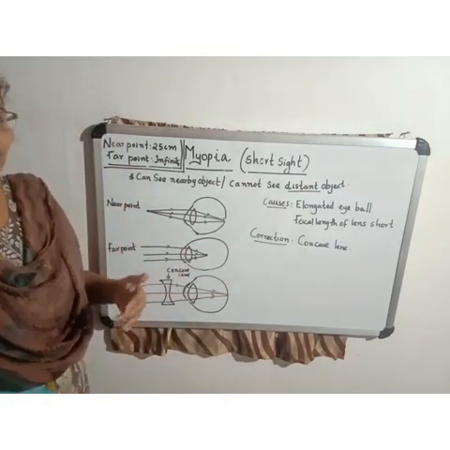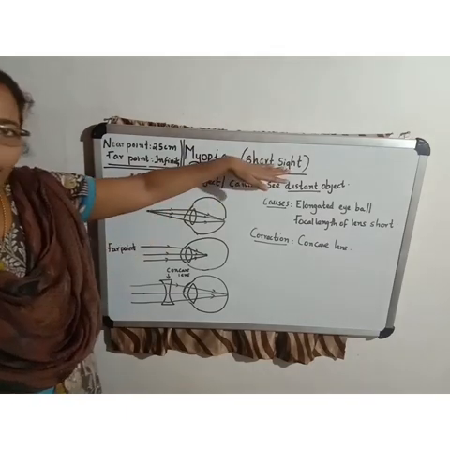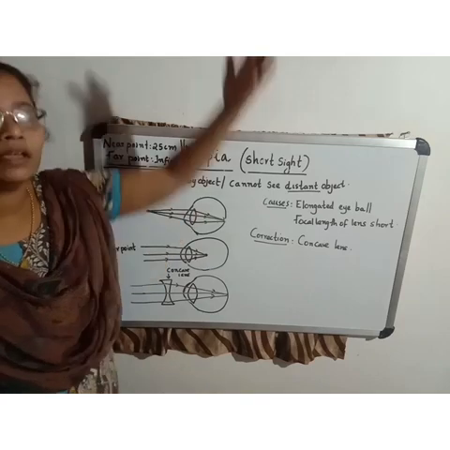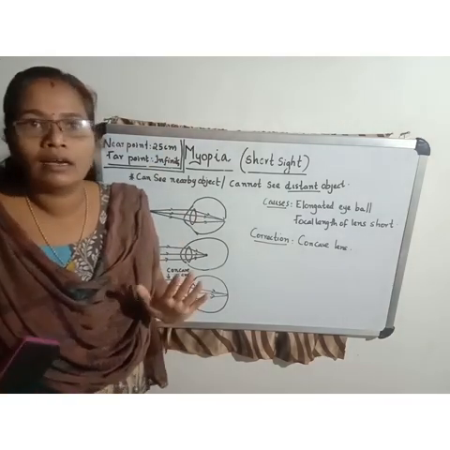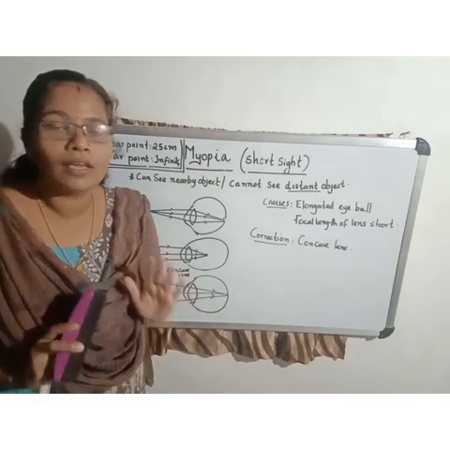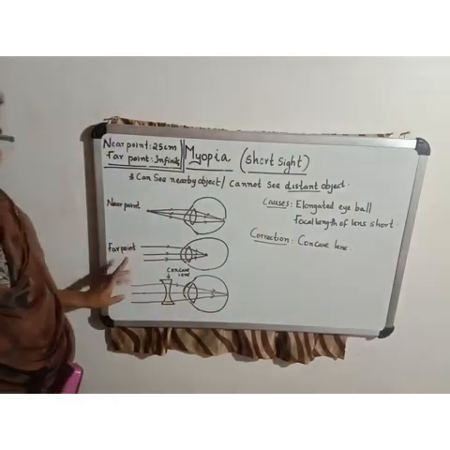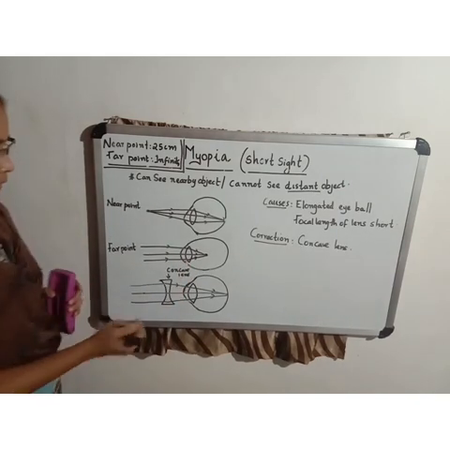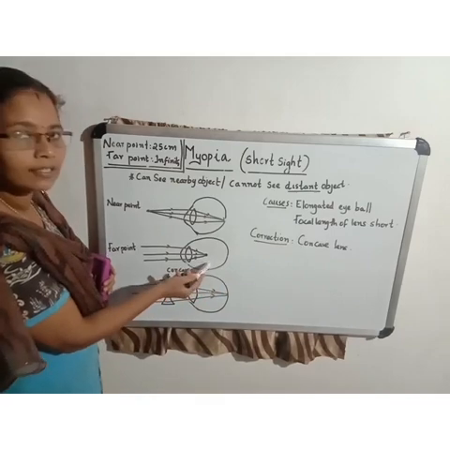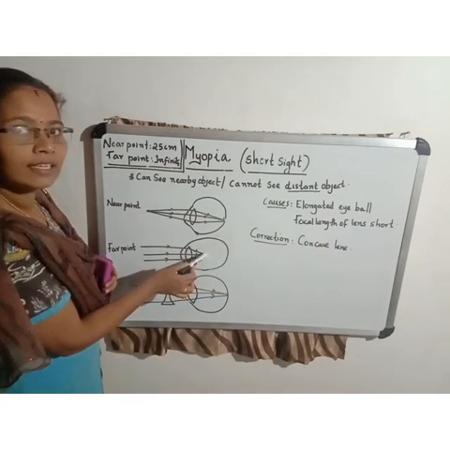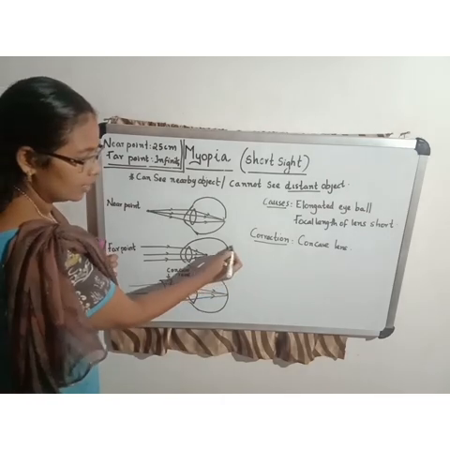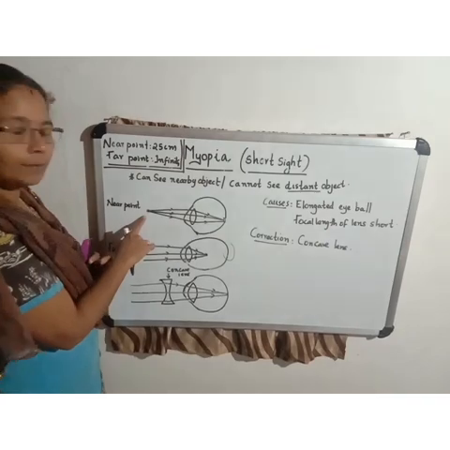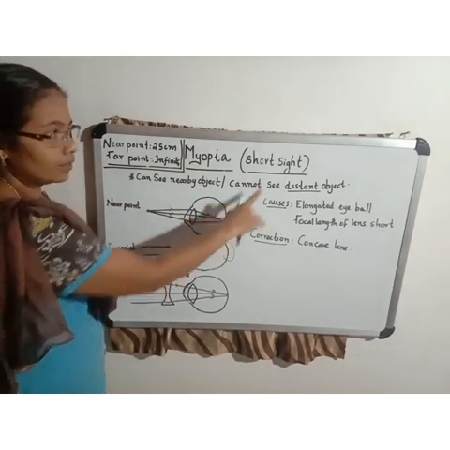We already discussed that for the myopic eye, the problem is only with the far point: if light is coming from a far away place, he or she is not able to see. So what will happen if light comes from a far away object? This is the retina. From the figure itself, it's clear that we are not getting the image on the retina here. Because of the near point, the image is formed on the retina for a myopic eye.